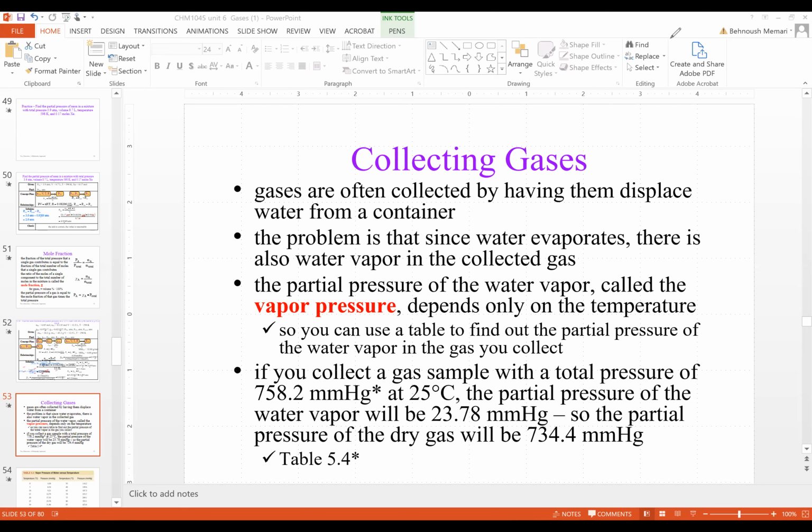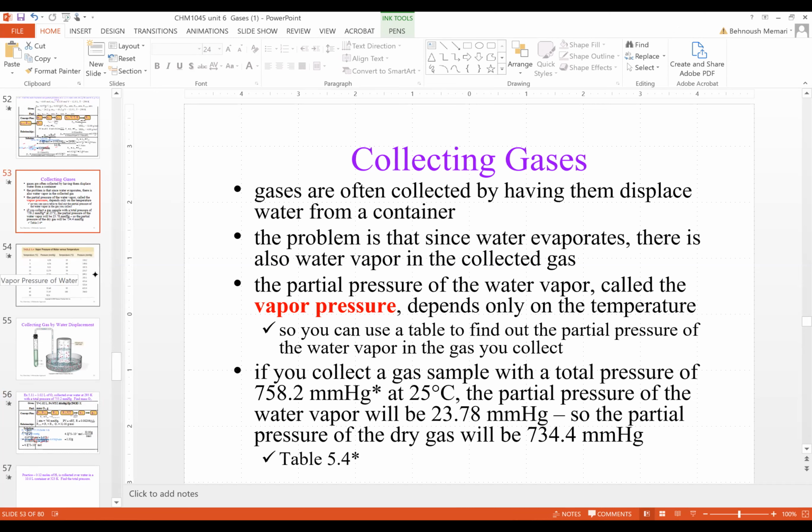Okay. The next topic is collecting gases. When you collect gas over water, basically you are mixing the gas with water vapor, so it needs to be treated like a mixture. One would be the pressure coming from the gas. The other one would be the pressure coming from the water vapor.